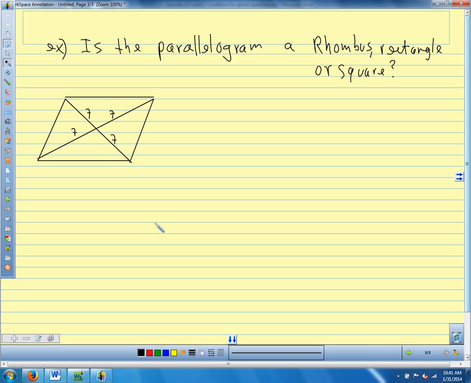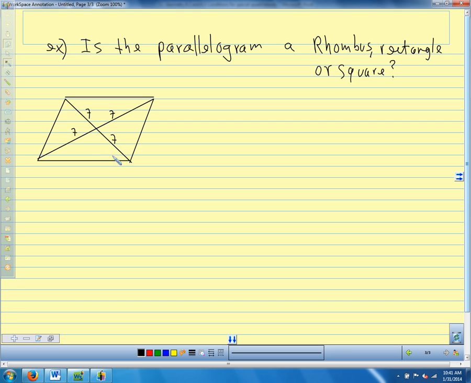And I'm going to mark it like this. So we want to know, is this a rhombus, a rectangle, or a square? So for it to be a rhombus, we need to know either that the sides are all the same, or maybe that the angles are bisected, or something about the angle on the diagonal.